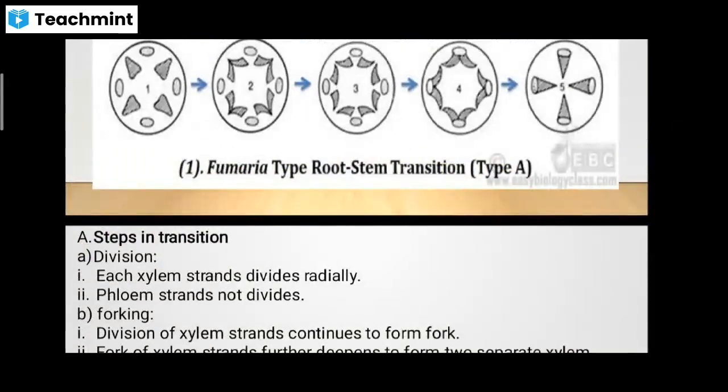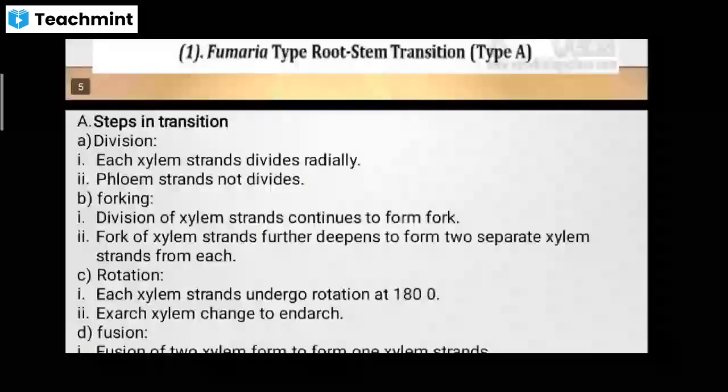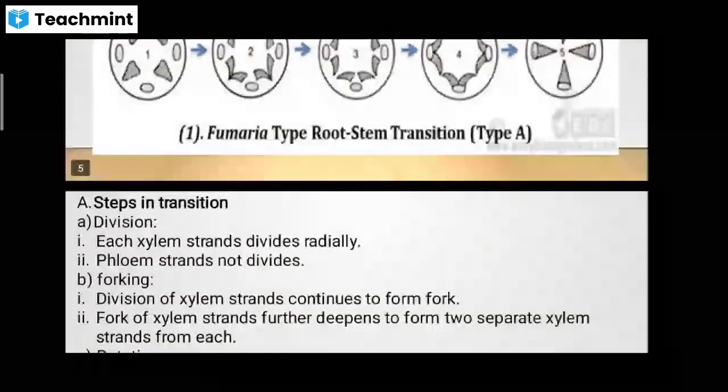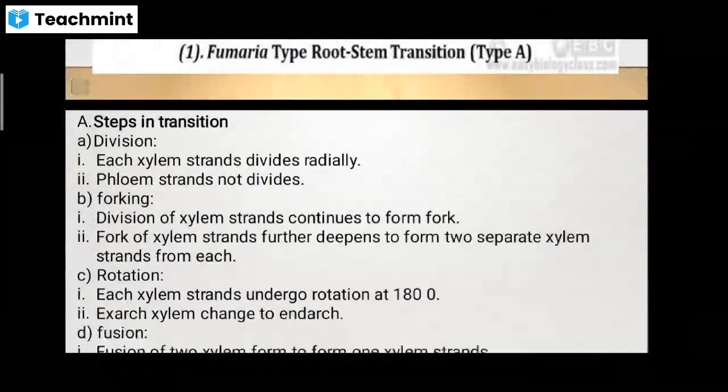And then fusion or reunion of the xylem and phloem strands takes place, and conjoint collateral vascular bundles are formed in the stem. So this is all regarding the Fumaria type, type A of the root stem transition.